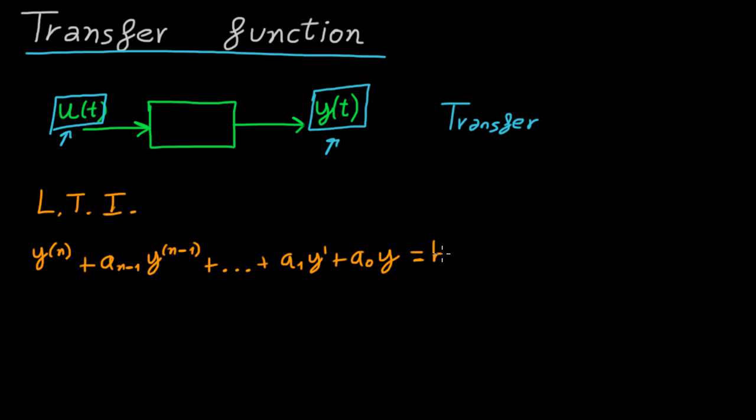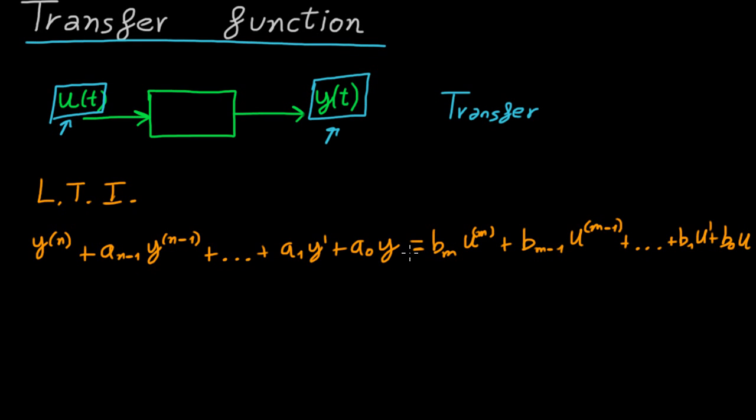And this is equal to the parameter bm times the mth derivative of the input plus bm minus 1 times u differentiated m minus 1 times plus all the rest until b1 u prime plus b0 u. This is the differential equation of the linear time invariant system.